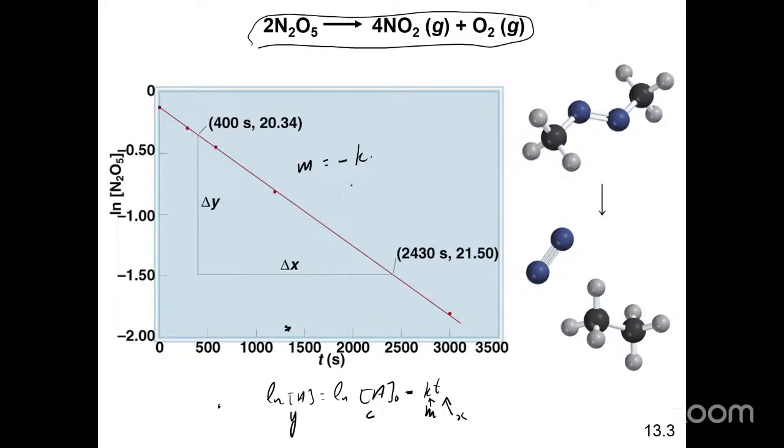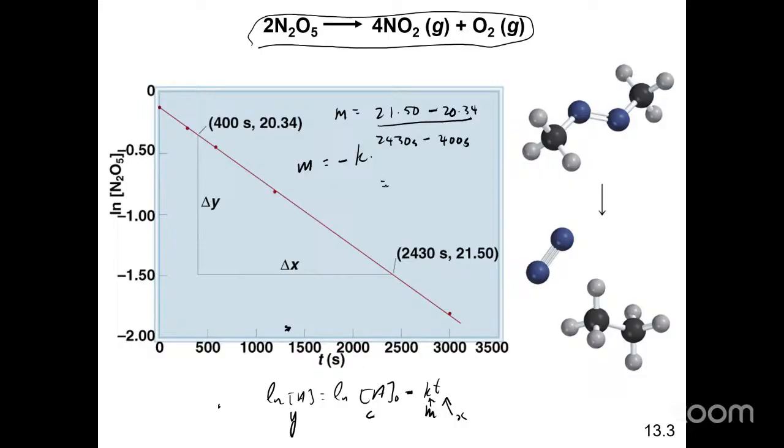And we all know how to get the slope. It's rise over run. And if you do that for this particular reaction, based on this data, then you'll be able to get the slope. In fact, let me see if we can do that. The slope here would be equal to 21.50, that has no unit, minus 20.34, divided by 2430 seconds minus 400 seconds, right?